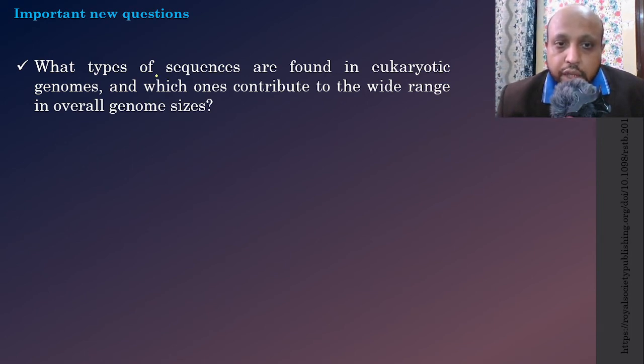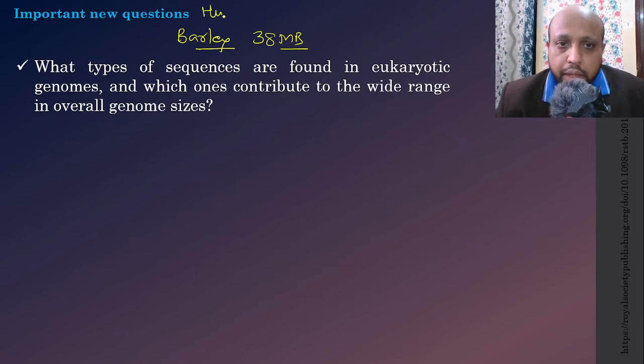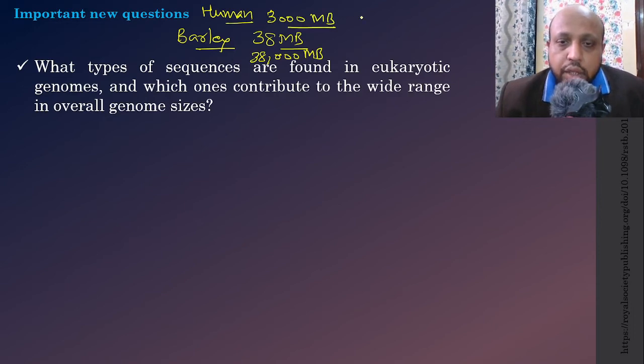Let's compare the example of a barley genome, which is roughly 38,000 megabases, with the human genome, which is roughly 3,000 megabases. In barley there are very few coding genes, and in humans the gene number is roughly 22,000.